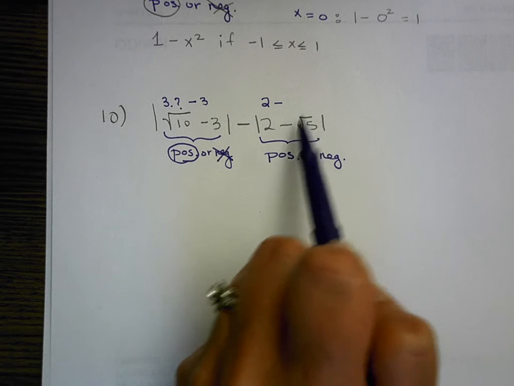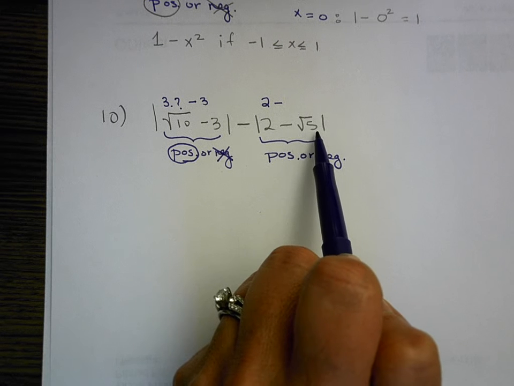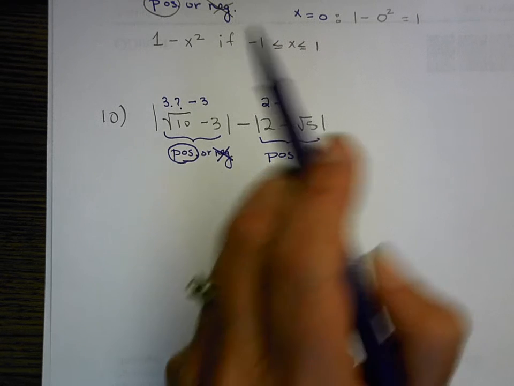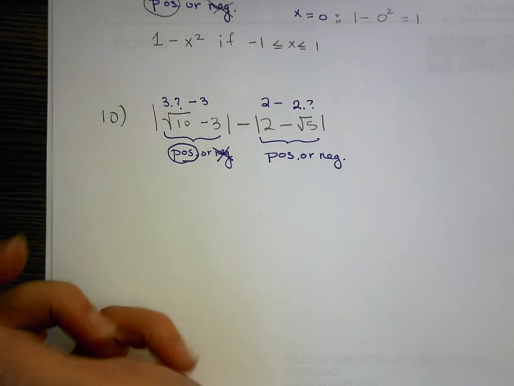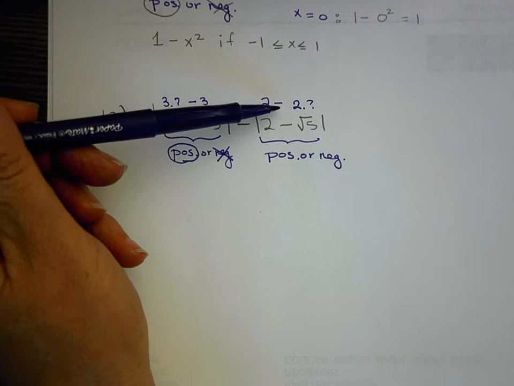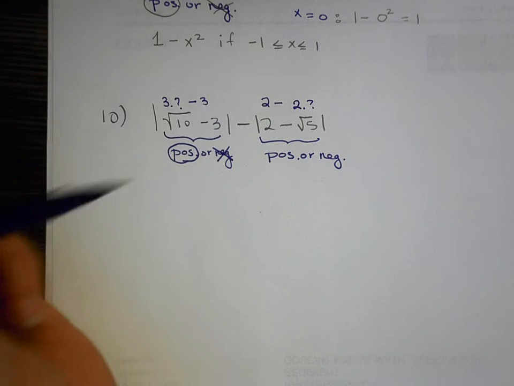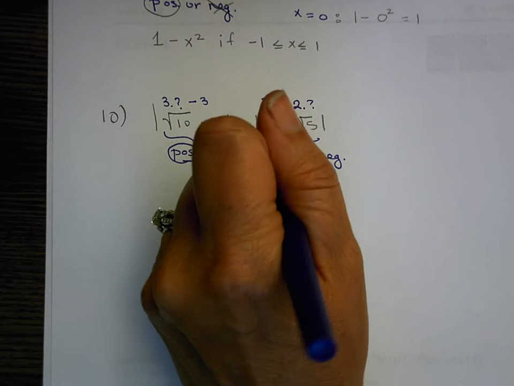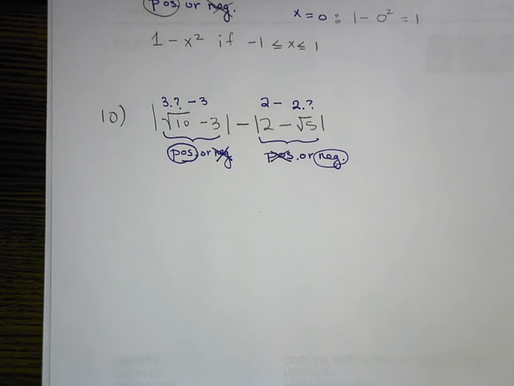So this number here has to be 2 point something. So here I have 2 minus a number bigger than 2, because it's 2 point something. So that would be a negative number, right? Because I have 2 minus a number bigger.